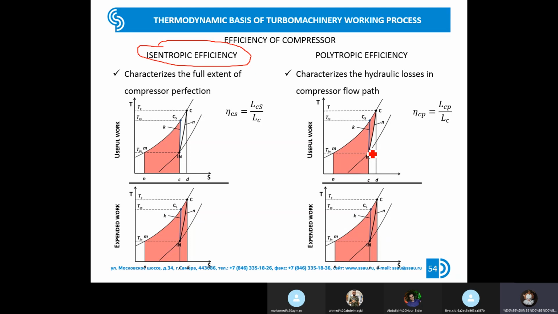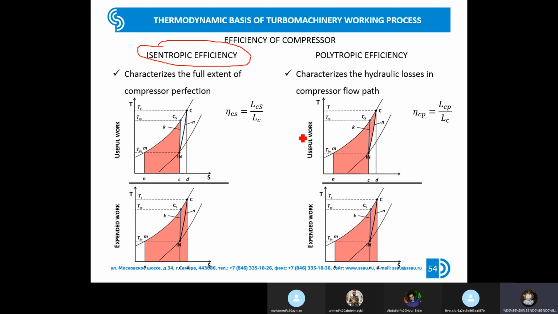And as far as I understand, this efficiency does not depend on the sizes of blades or conditions at the first moment. And sometimes it is more useful to use this one.